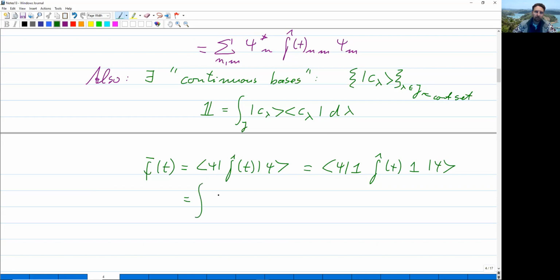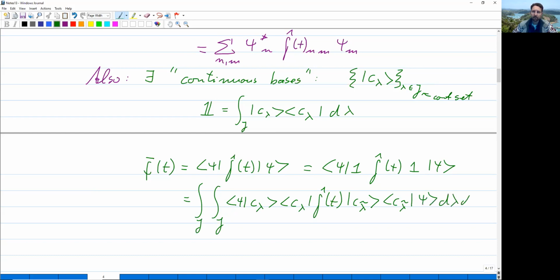And this is now the integral, in fact double integral, because we have two resolutions of the identity. Integration over the index set, the continuous index set of lambda. And then we have psi, c lambda, and then c lambda, f hat of t, c lambda tilde, c lambda tilde, and psi, and d lambda tilde.